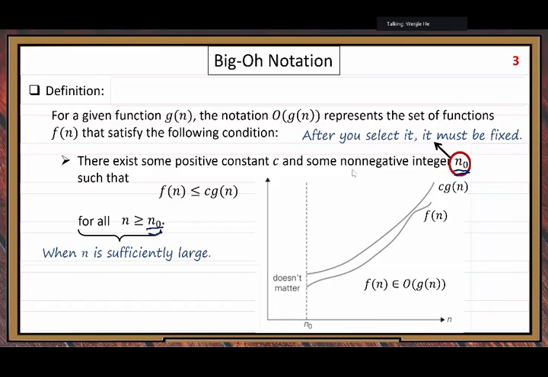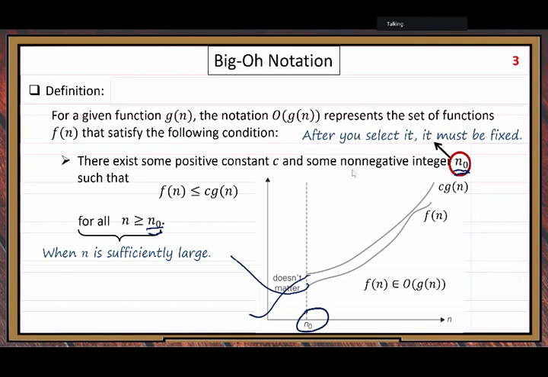That's the big O notation graph. You also see this dashed vertical line. After this line, the c constant multiple controls the f function. Before this line, which one is higher or lower is not important.